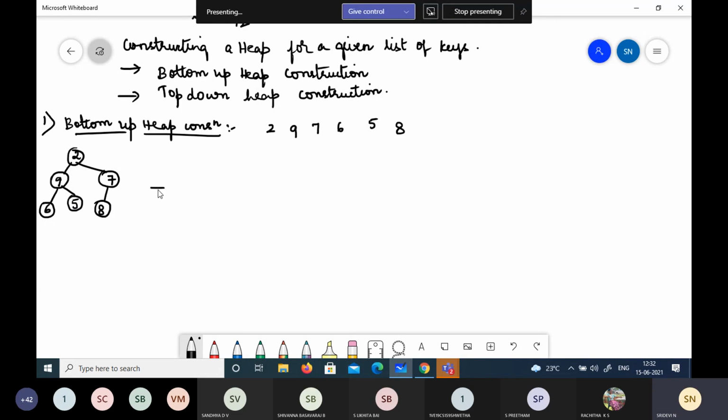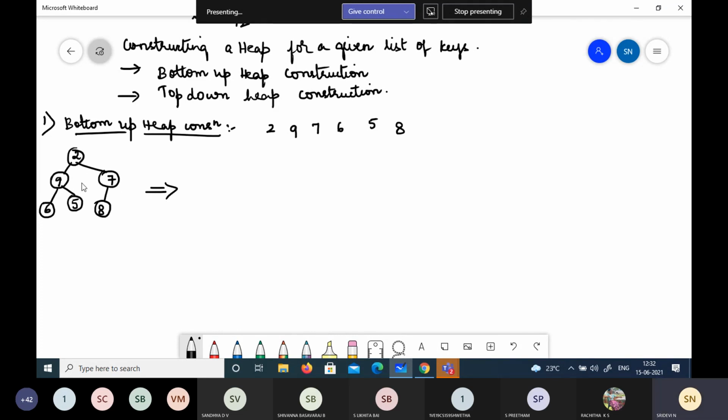So it will start with the last parental node. This is the last parental node. We'll check this first, whether parental dominance holds good here. Is parental dominance holding good for this tree? We are starting from the last; we should always start from the last parental node.